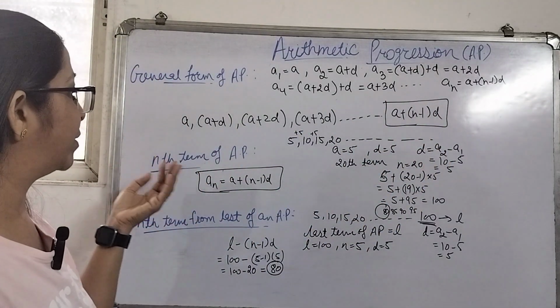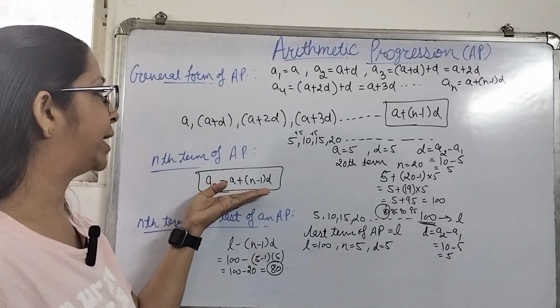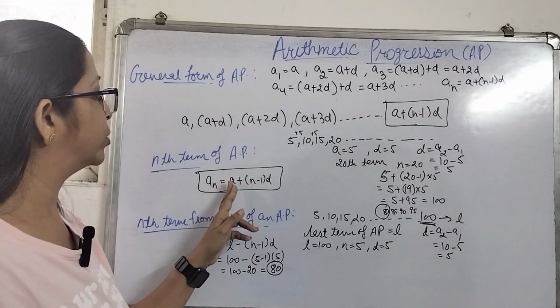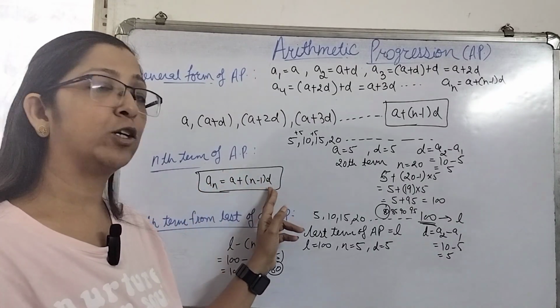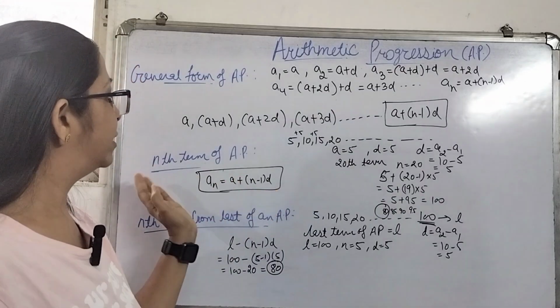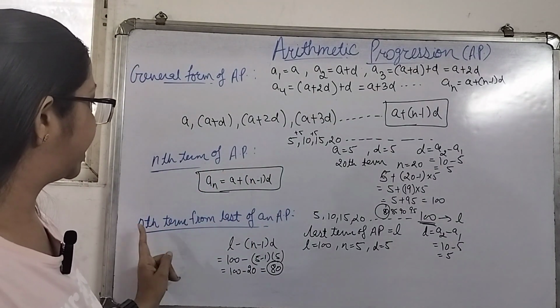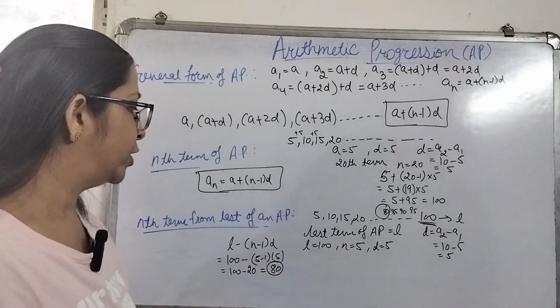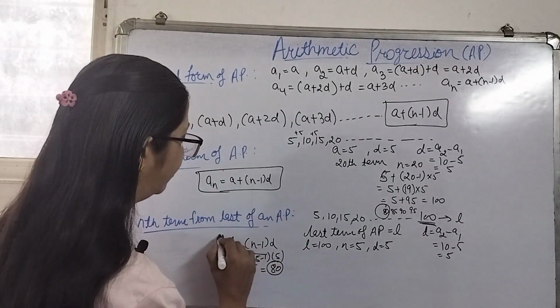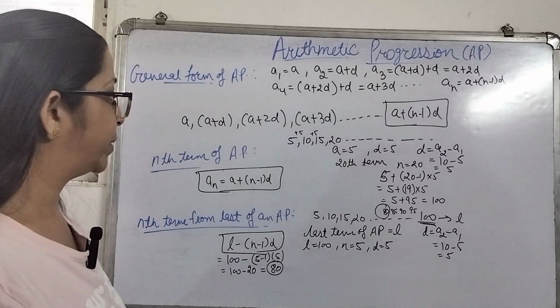The nth term of an AP can be found using this formula if we know the first term and the common difference. And if we have to find the nth term from the last of an AP, using this formula we can find it out. Hope it is clear.